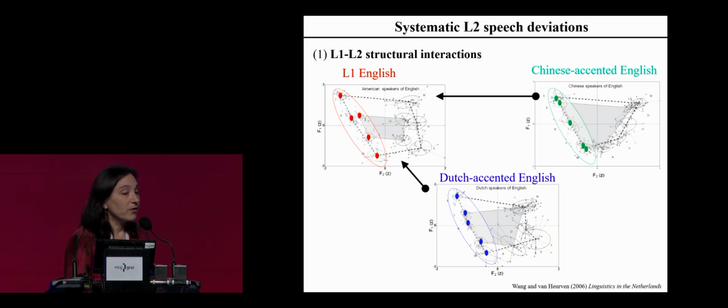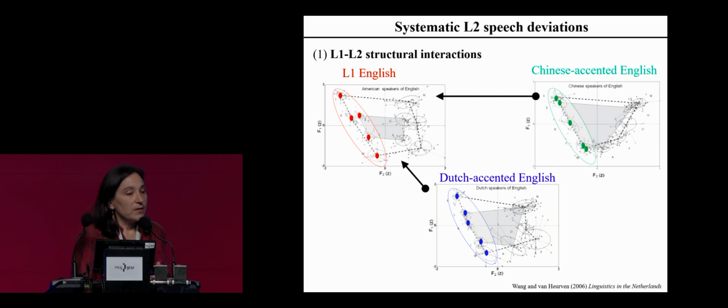In particular, if you focus on the Chinese accented English acoustic vowel space, we can see that in their attempt to produce the 5 English vowel heights in the front vowels, they transpose their Chinese 3 height system onto their productions of English, giving neutralization of some of the important English contrasts.